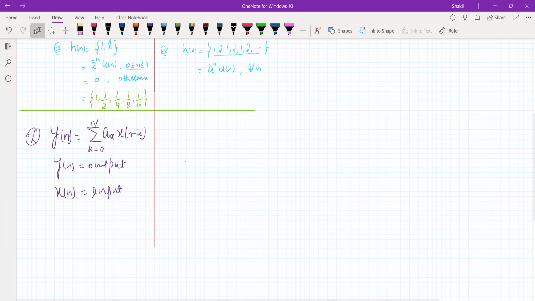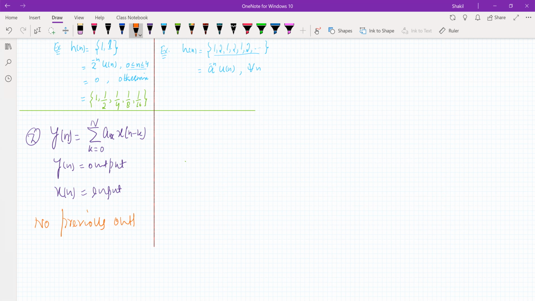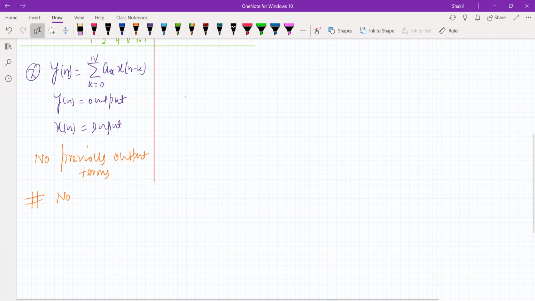So this is the second difference. This is characterized by this difference equation, meaning there are no previous outputs in this. You can check, there are no previous output terms. In other words, there are no recursion terms.